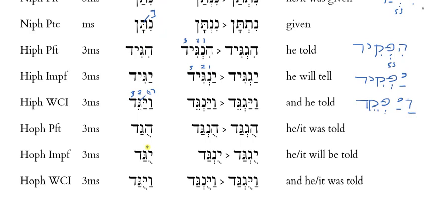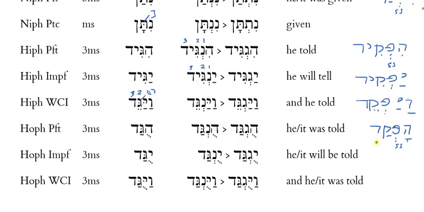The Hofals also have this Hofal prefix hey that closes the syllable with root 1. And so in pakad we would have for the Hofal perfect hofkad, hofkad, where I have a U-class, short U-class vowel, and a silent shva here. What I would get here is hungad for nagad in the Hofal, hungad. This is a qibbuts.